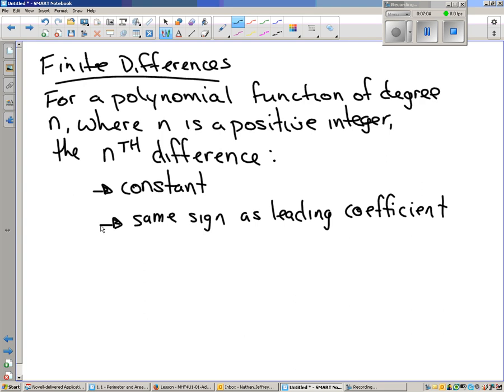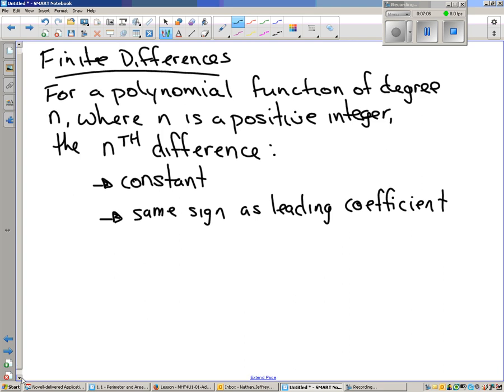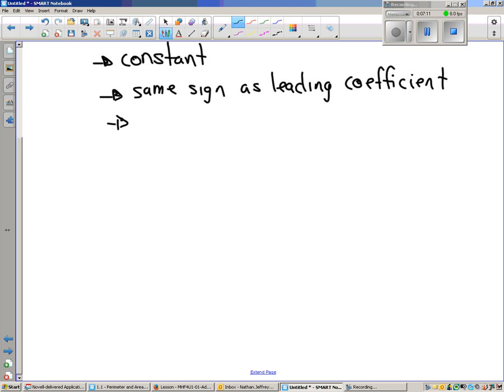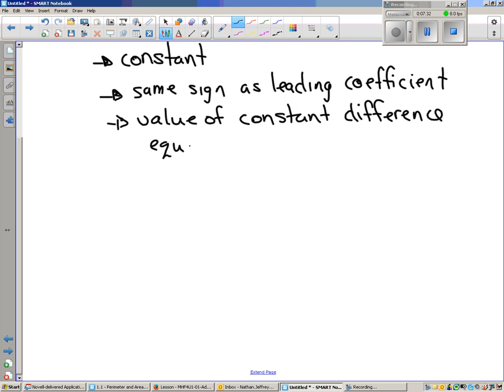And maybe one that you probably wouldn't have recognized as easily: the value of the constant difference. So what we get in the third difference, that value of the constant difference equals a subscript n.